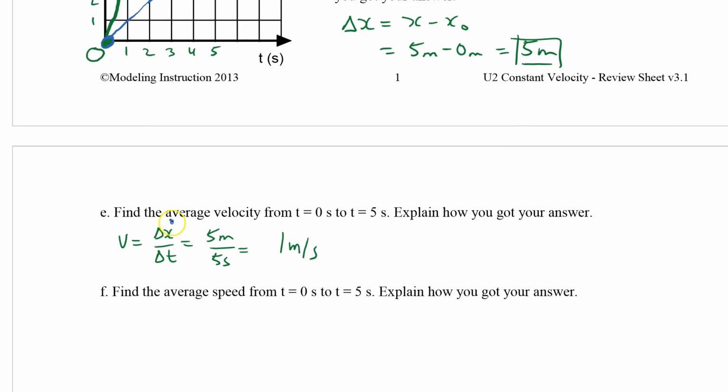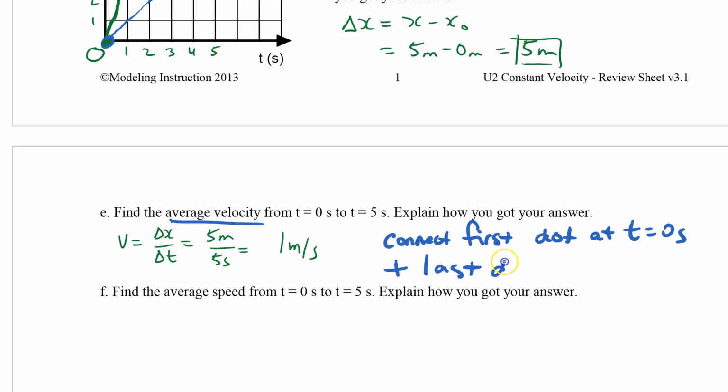So another way to think about average velocity: connect the first dot at t equals 0 seconds, and the last dot at t equals 5, and then find the slope. That's one way to explain it. Many different ways to think of this.